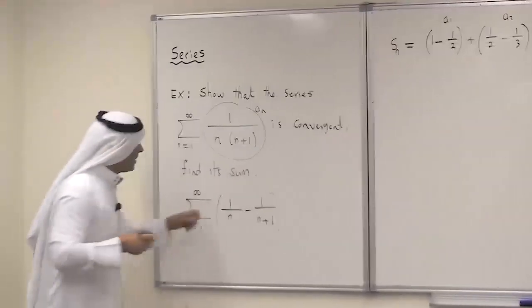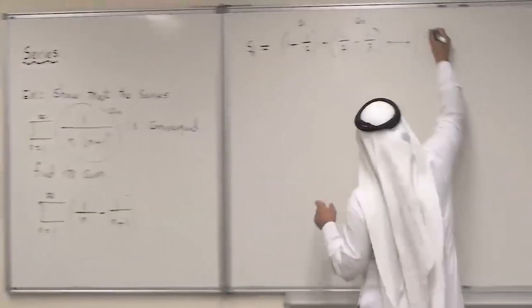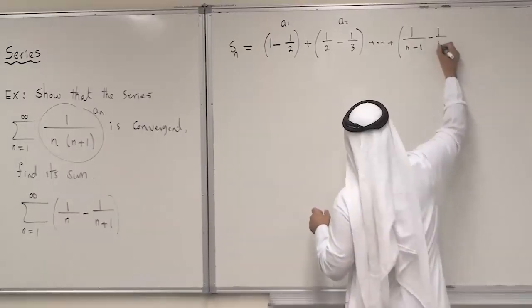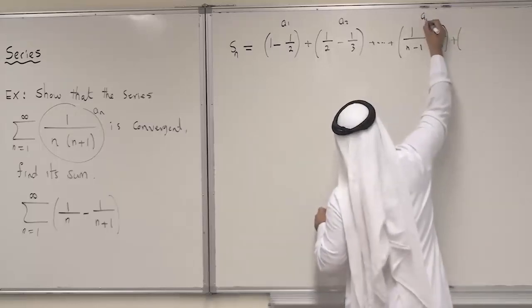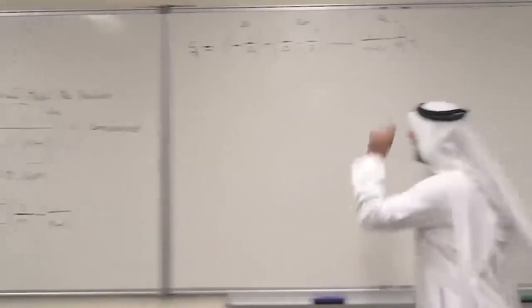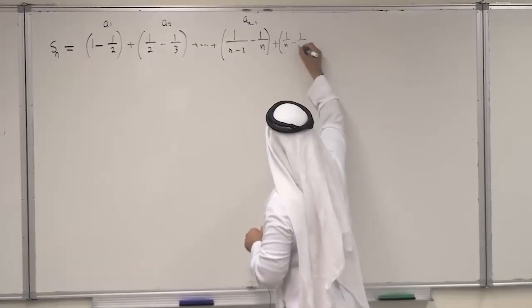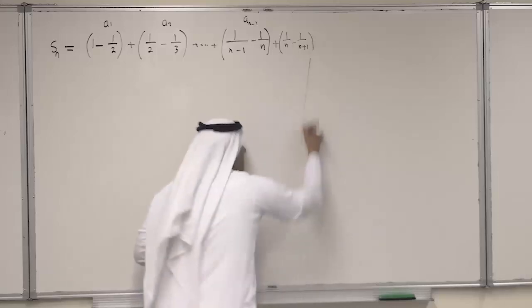I will substitute n minus 1, so I get 1 over n minus 1 minus 1 over n. This is a_(n minus 1). The last one is a_n. a_n is 1 over n minus 1 over n plus 1. That's exactly what we have for S_n. This is the definition of S_n.